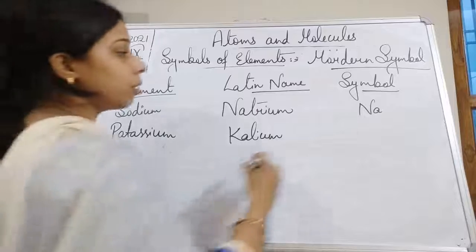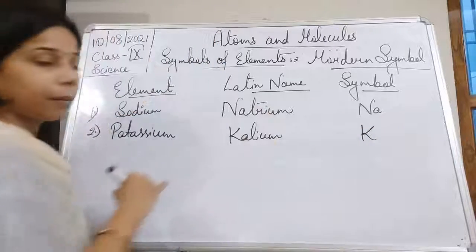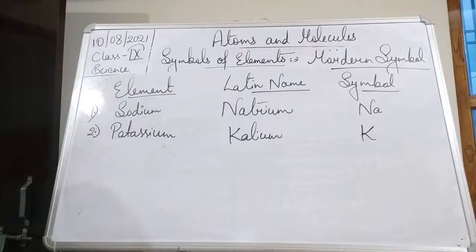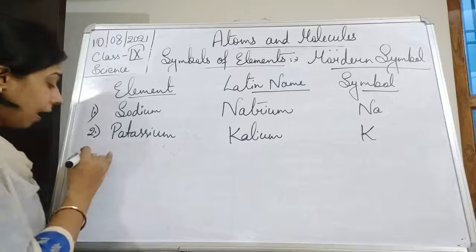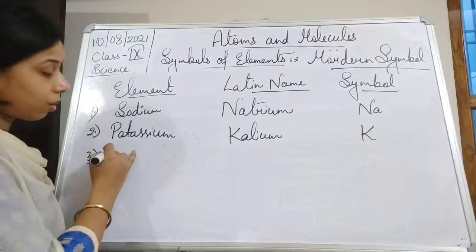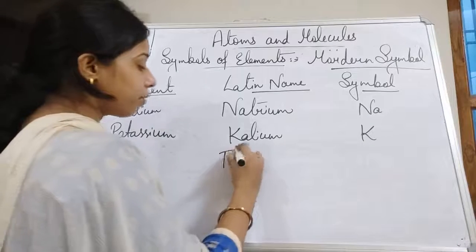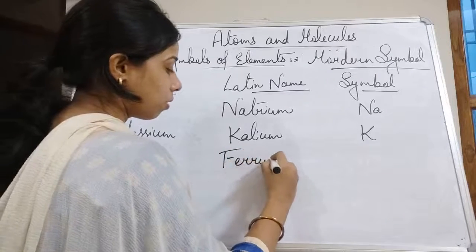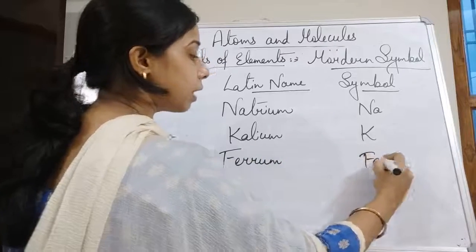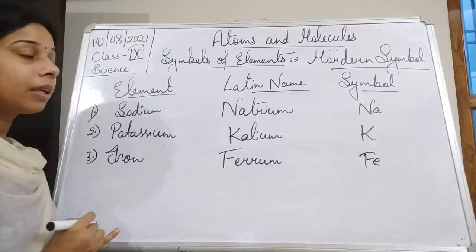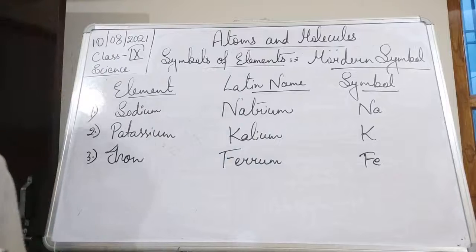The symbol that we use here is K, the first letter of the Latin name. Then iron. Latin name is ferrum. The symbol that we have taken is the first and second letter of the Latin name, Fe.